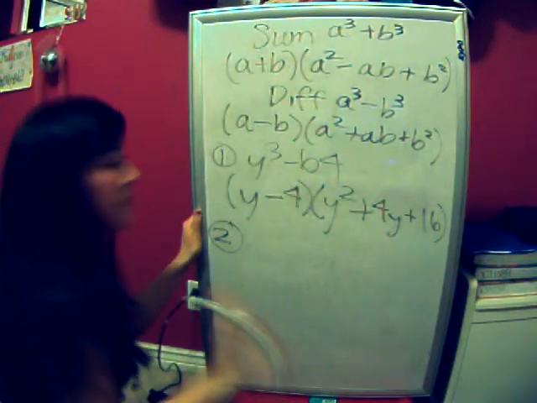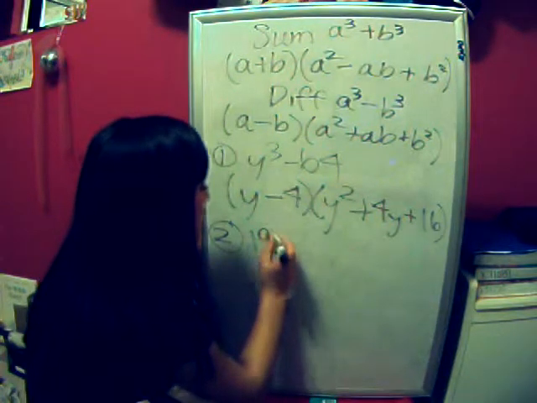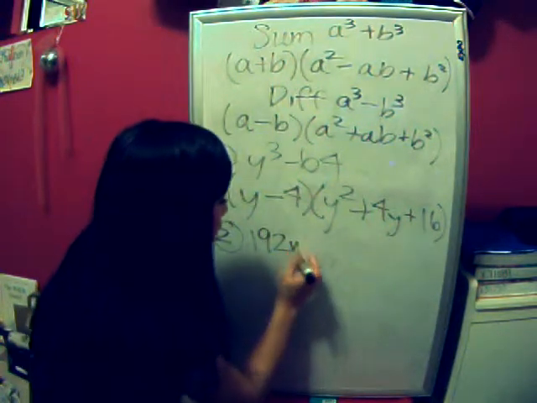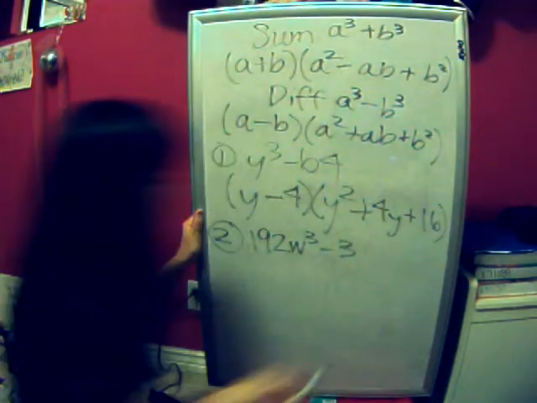The more difficult one is 192w cubed minus 3.